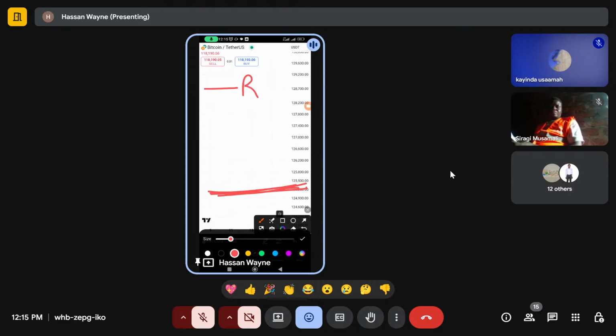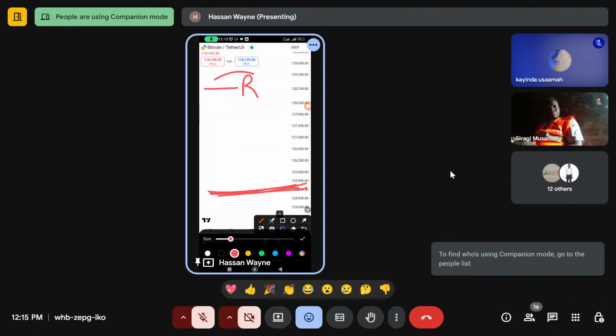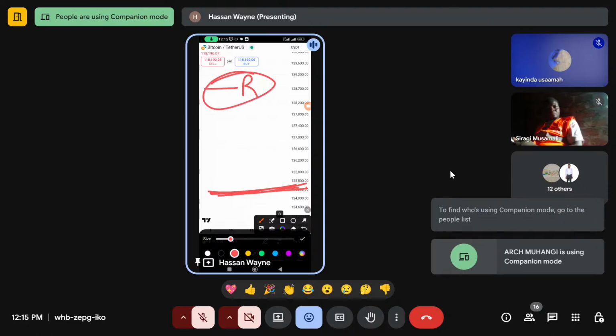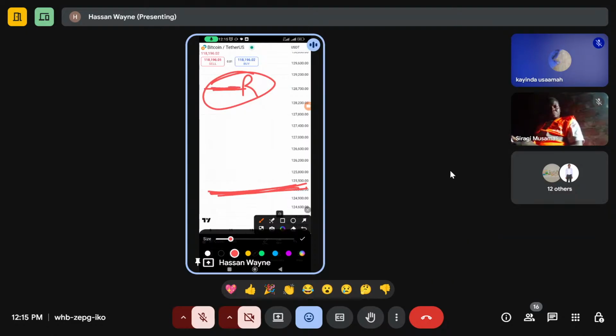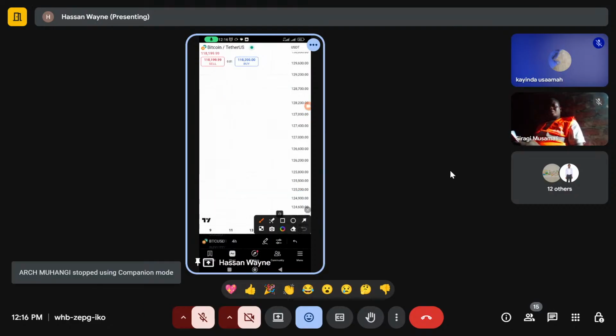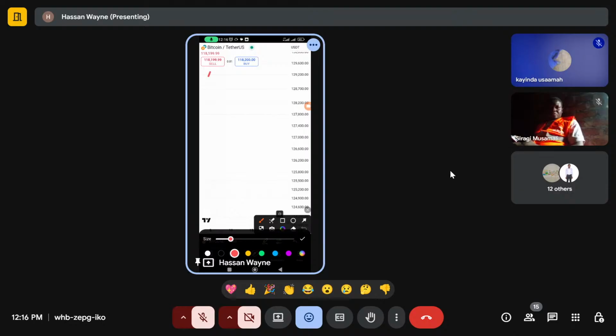When you are longing the market, for futures traders, make sure you first see if it is at resistance. If it is formed at resistance, we short the market. So how does an evening star look like? This is our evening star.